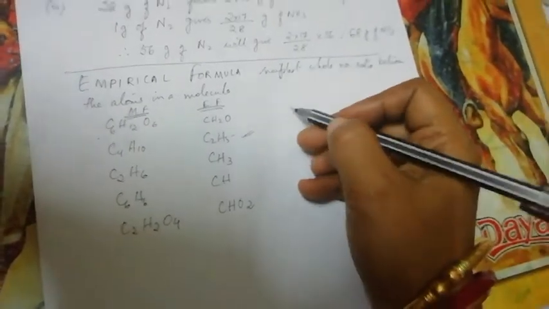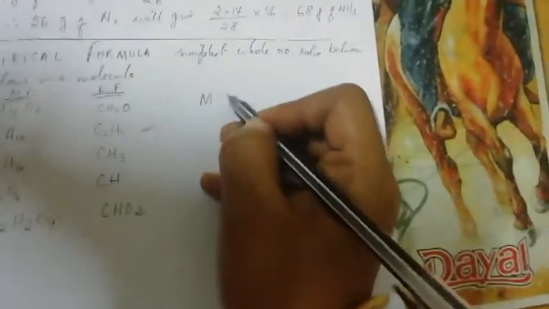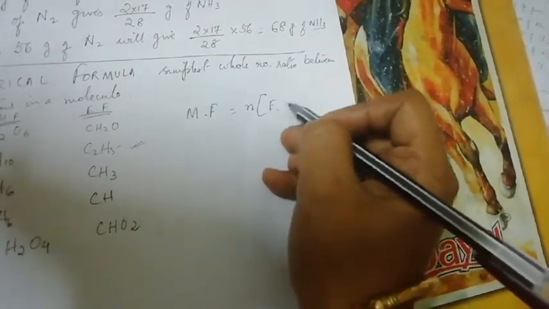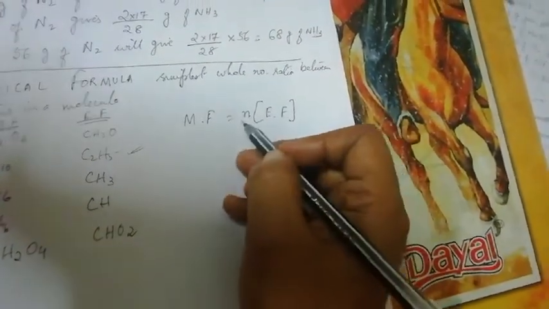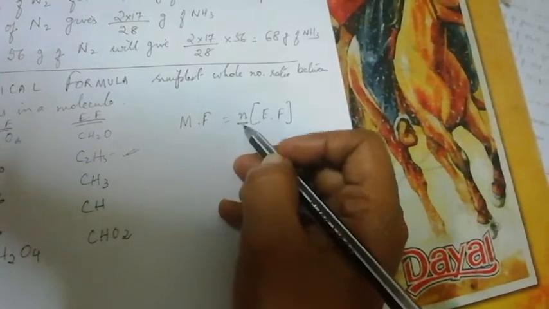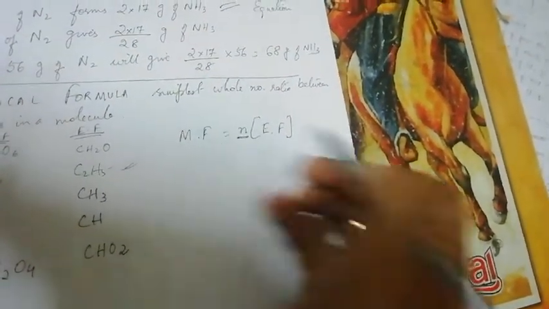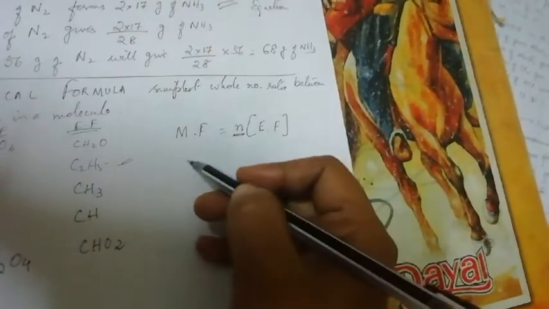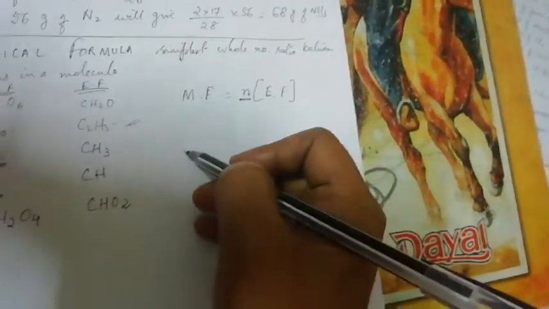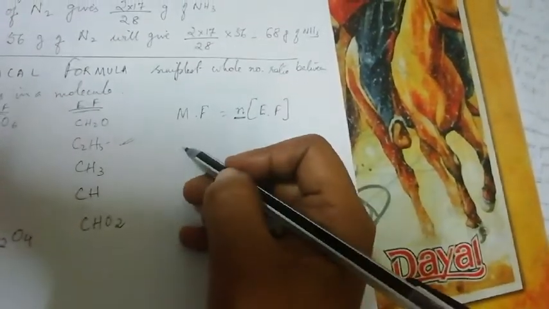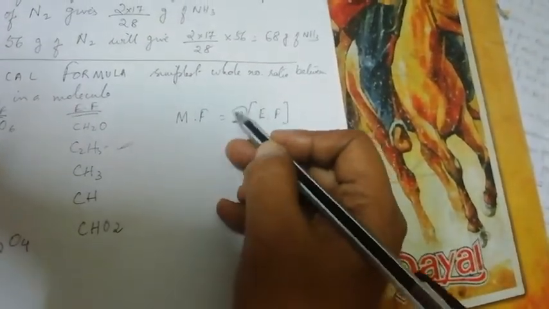Now one thing, let me make it clear. Molecular formula is equal to n times empirical formula, or you have to find out the ratio to which each atom is multiplied in order to get the molecular formula. After you have calculated the empirical formula, you may be asked to find out the molecular formula, and to find that we need to know n.